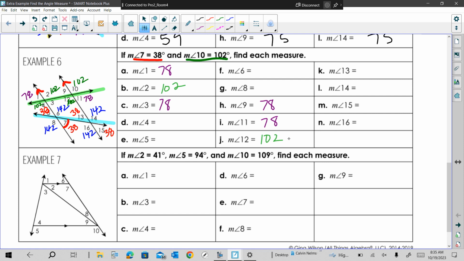Four. Where's my 4? I think it was also 102. 5 was 38. Is that right? 6 was 142. 8, 142. 13 was 38. 14, 142. And 15, 38. And then 142.